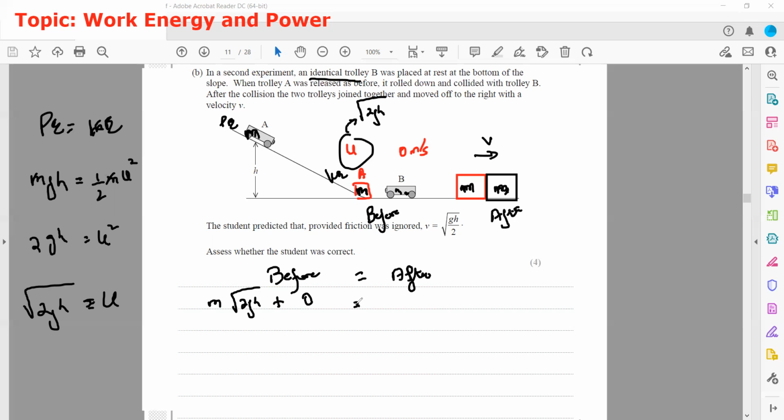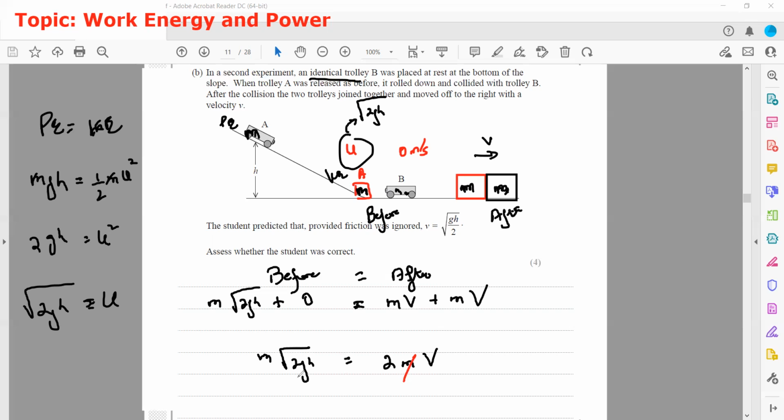After the collision, the mass is m and the speed is v for each, so m square root of 2gh is equal to mv plus mv, which is 2mv.